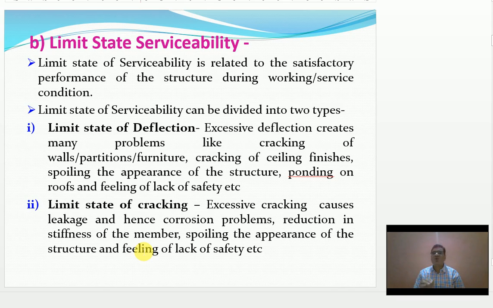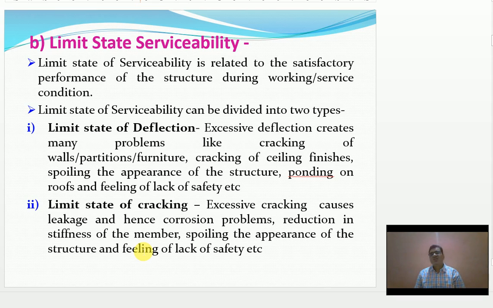So the load of the 60 students will be considered as working condition. When you multiply it by a suitable factor of safety, let's say 1.5, so the 60 will become 90. So that 90 is at ultimate condition. So this is working condition. That means when 60 students are there in the classroom, we'll consider that load case as a service condition or working condition. Now limit state talks about this condition.